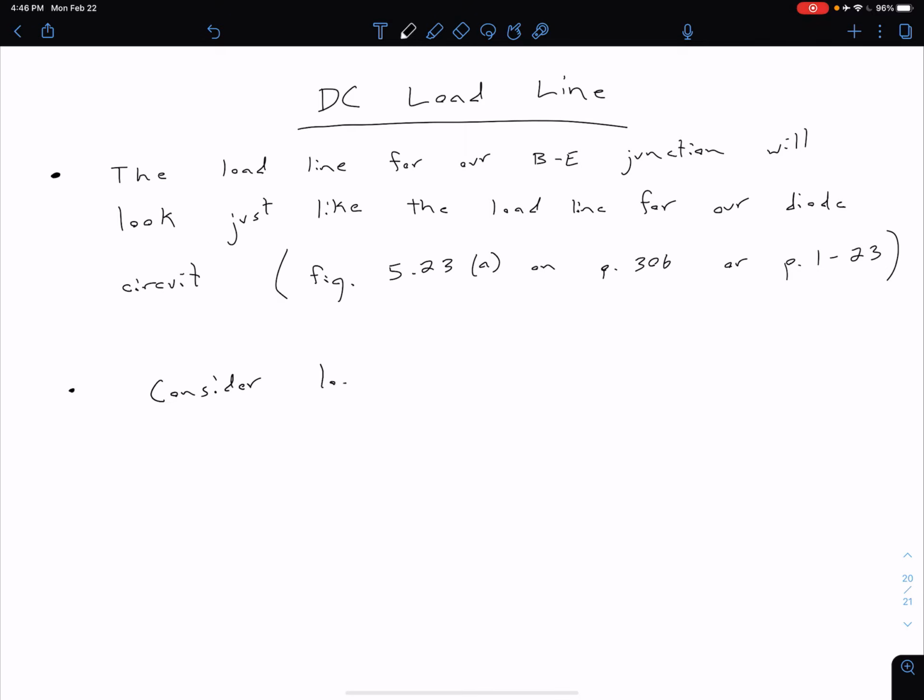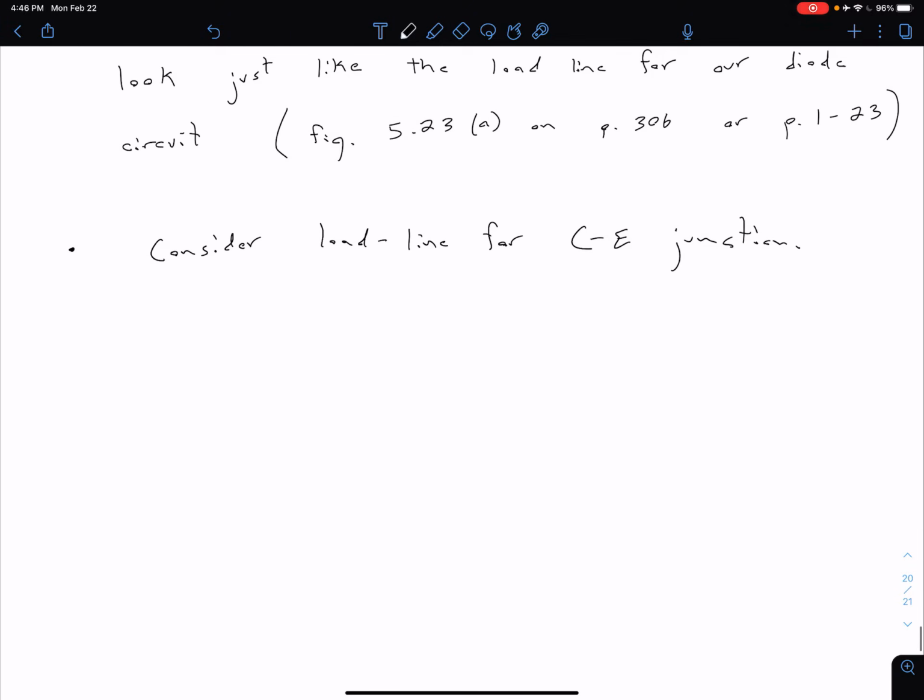So consider the load line for our collector emitter junction. We had looked at that portion of our circuit a couple videos back. In general, what we had seen was that our VCE is equal to VCC minus ICRC.